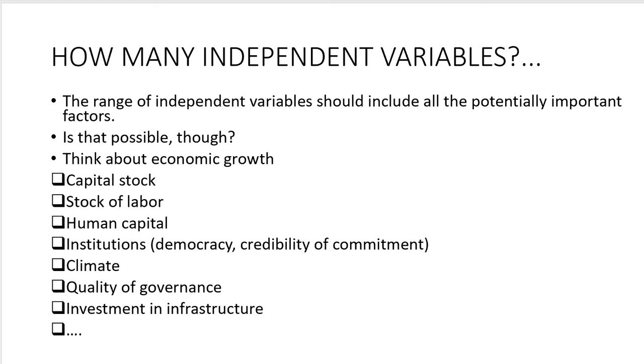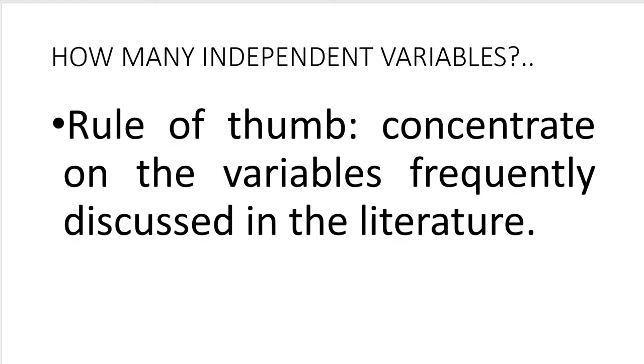So you can think about many potential determinants of economic growth. And there is a question how many of them you should actually consider, because of course more is better. However, there should be some limit. So here there is no good advice. Basically, you use the rule of thumb, which means that you concentrate on the variables which are frequently discussed in the literature.